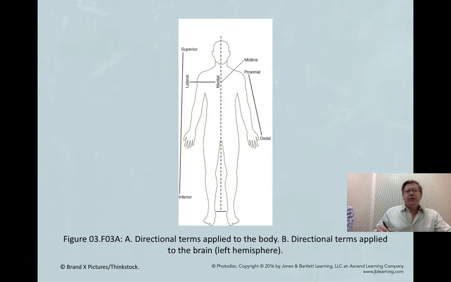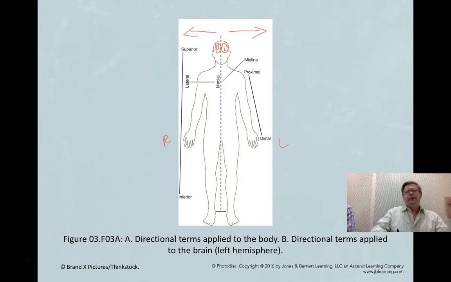Now if we were to imagine the body in terms of the medial line, we would see that there is a left-hand side and a right-hand side. So let's imagine we had a small brain inside here. This is the right hemisphere and this is the left hemisphere, because this is the right hand and this is the left hand.